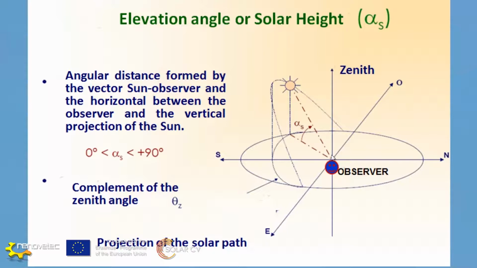Here is the vector which joins the observer and the sun, and this is the angle. This angle is going to be positive from here to the vertical, and this angle would be the zenith angle. The sum of the elevation angle and the zenith angle is going to be 90 degrees.